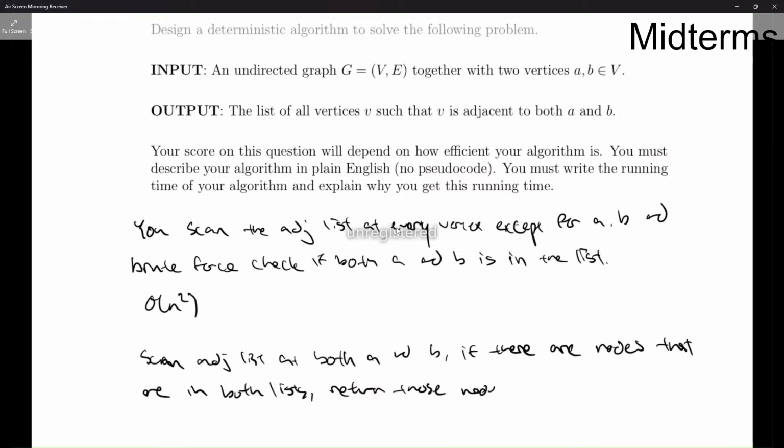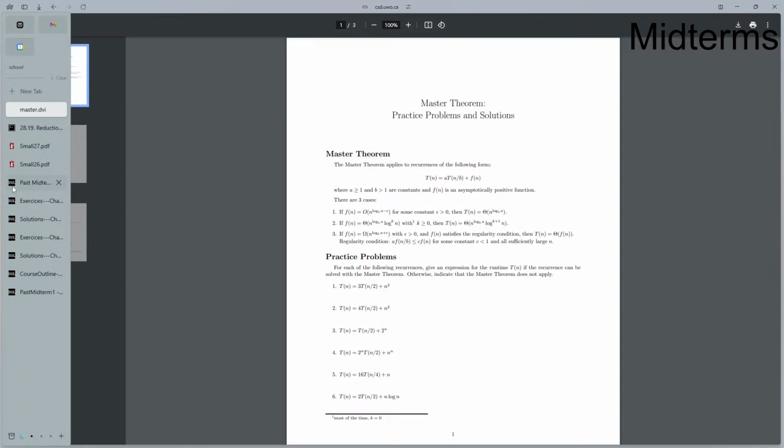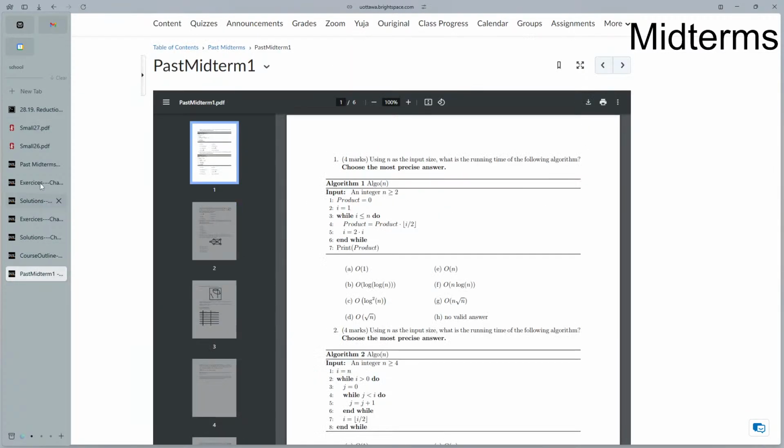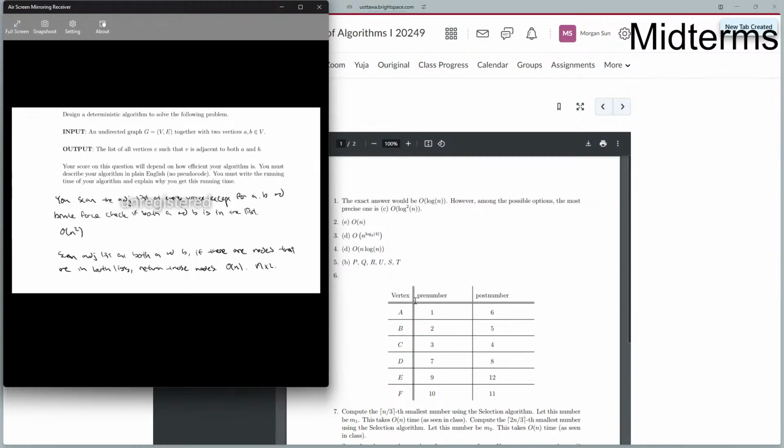So this is actually O of n. N times 2. Let's compare our solutions.